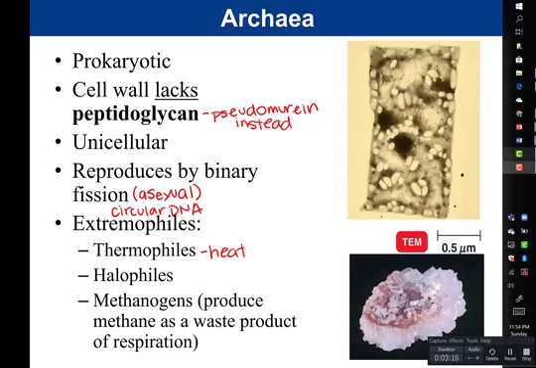Most organisms can't tolerate high salt, yet this organism can, and it can grow on these salt crystals, and so we would call this a halophile or a salt lover. So next we have our methanogens. These are going to be our organisms that produce methane, which is a gas, as a waste product of respiration. And so this is just a little bit of information about archaea.